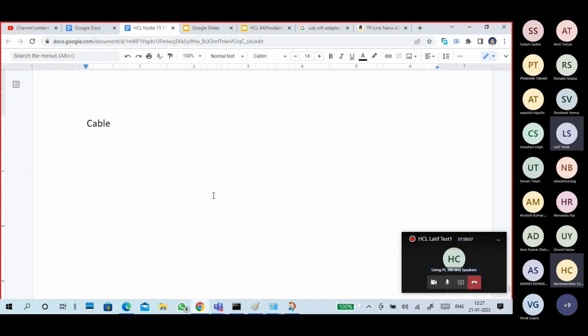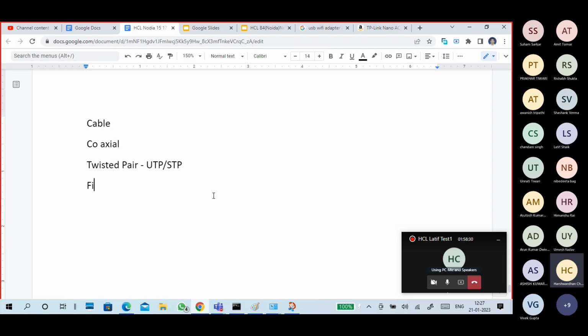In the olden days we used a coaxial cable. Then twisted pair, which means UTP or STP cables.